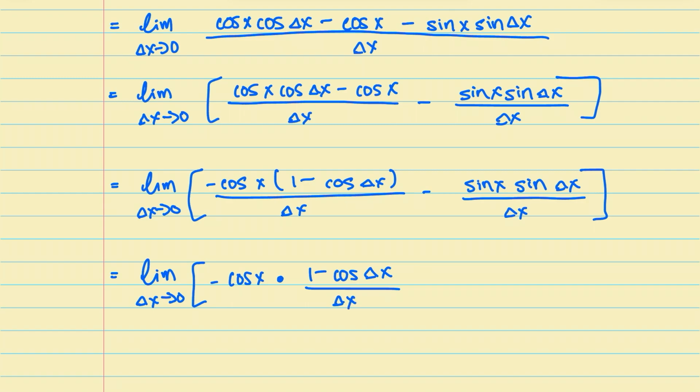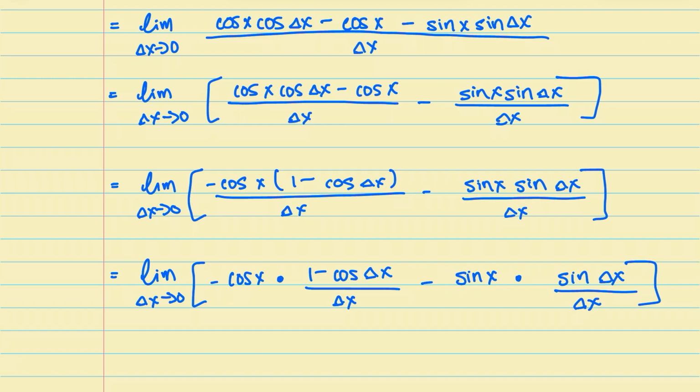Notice that the multiplication between these first two terms, negative cosine of x and 1 minus cosine of delta x over delta x, is our first fraction. Then to express the second fraction as a product of two other terms, you can write sine of x times sine of delta x over delta x. These two terms are the same thing as our previous fraction. The only difference is they've been written separately to help us as we find the derivative of f of x.